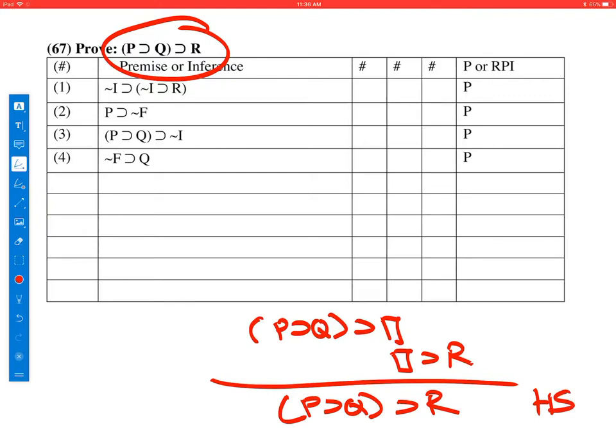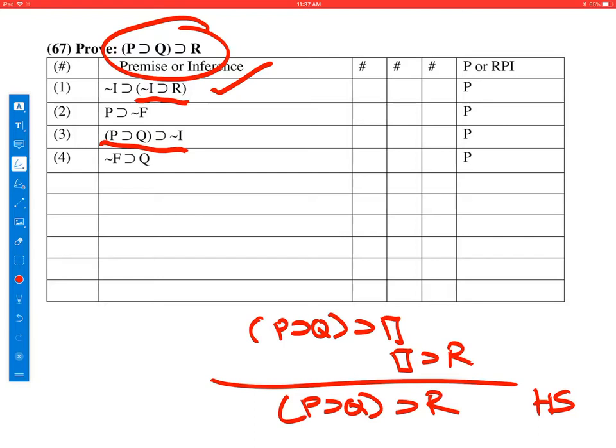So let me see if I have a P then blank. P then Q then blank. I do, right there in line 3. And then do I have a blank then R? I do, right here on line 1. So if I have those two pieces, I'm good to go.